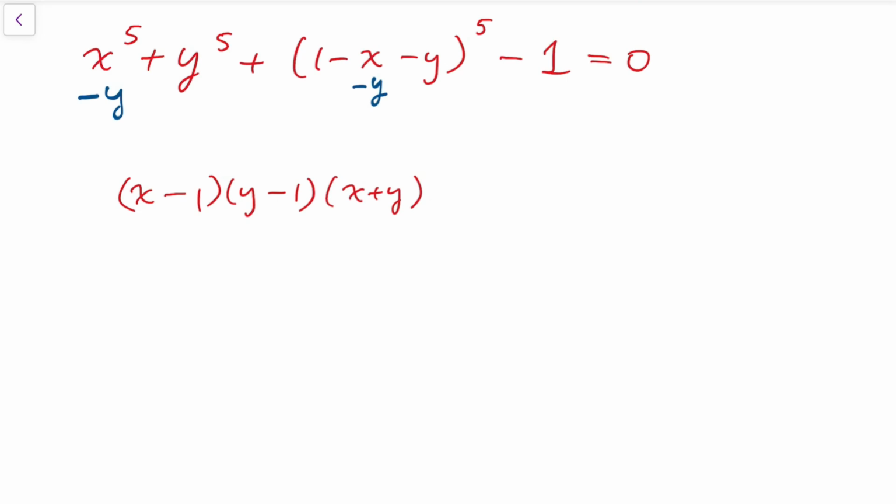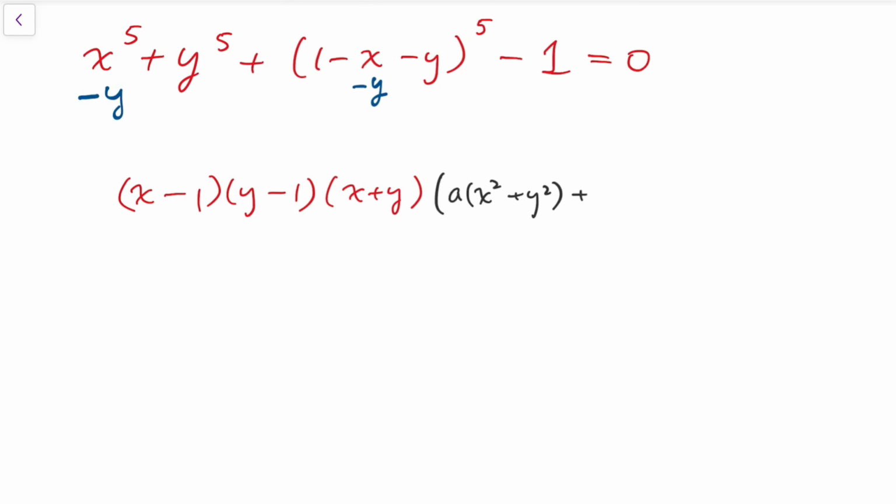Notice that the polynomial is actually symmetric about x and y. So we expect to have a symmetric expression of degree 2 in x and y. So the possible combinations would be: we have some x squares and some y squares, but since it has to be symmetric, they should have the same coefficient.